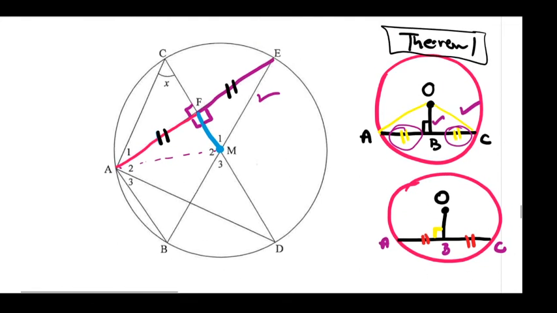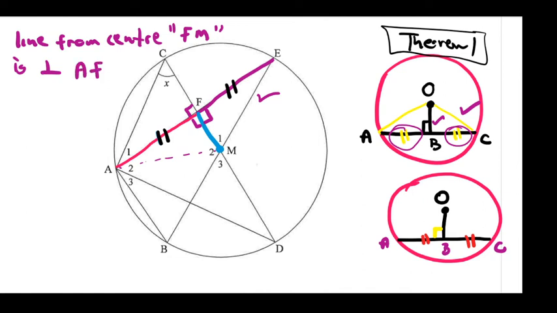So if I were to write the reason: line from center, which is FM, I'm just going to indicate the center. The line from the center is perpendicular to AF. You can write that down as the answer.